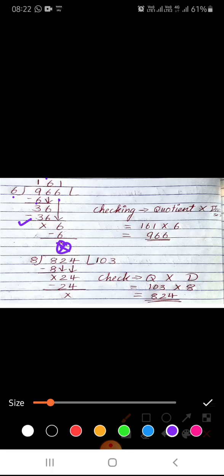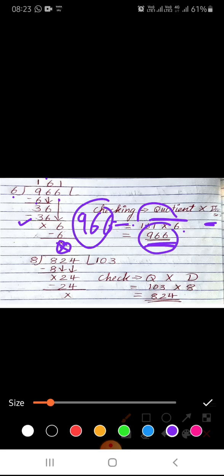Okay, now we'll check. Dividend is 966. 966 is equal to quotient multiplied by the divisor. So quotient is 161 and divisor is 6. So when we multiply, we'll get 966. So this side and this side are equal, means our answer is correct.